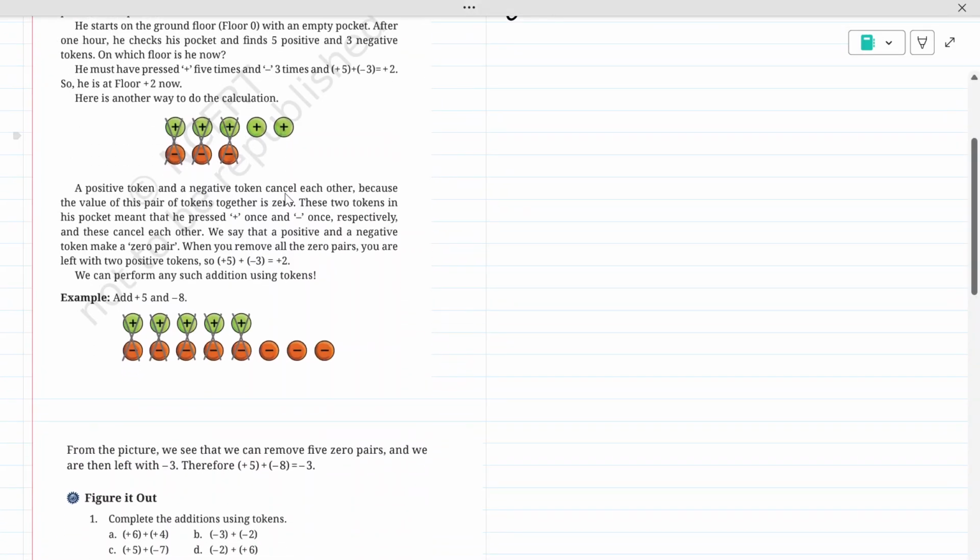Now a positive and a negative token can cancel each other because their value is the same, and the value of the pair together is 0. Kids, this is important in this example: the value of this pair of tokens together is 0. That means one positive and one negative together make a 0 pair.